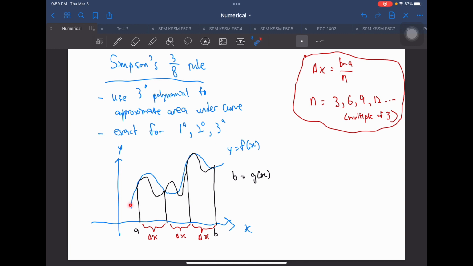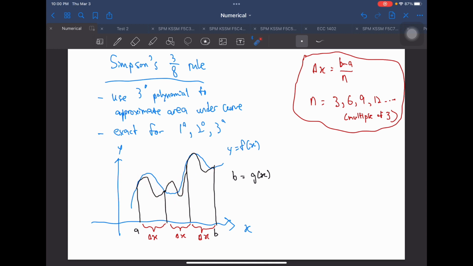So if you have a function y in terms of x, which is y equals f(x), and you want to find its area under the curve, and it is hard to integrate this f(x), what you can do is use g(x) from a to b to approximate the area under the curve, and this approximation is by using a third degree polynomial.